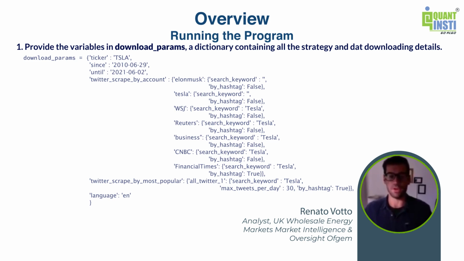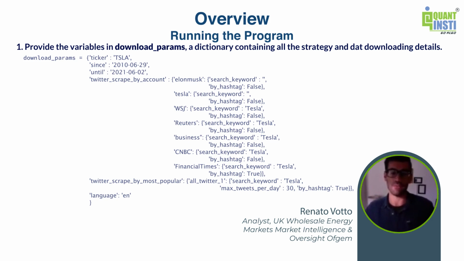And then, because here we run a scraping from Twitter, you can pass some parameters that are related to Twitter accounts and keywords for hashtags and searching those posts. And that's it. These are the parameters you pass in to, let's say, define your analysis on the stock, the time frame, and the Twitter content.